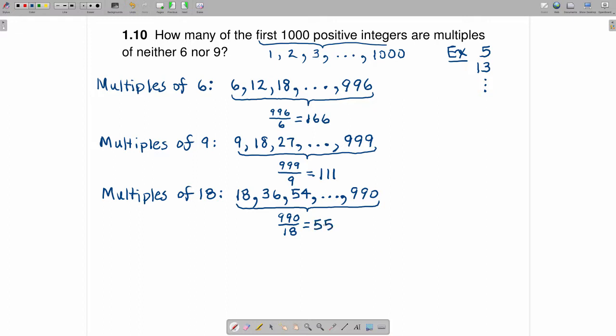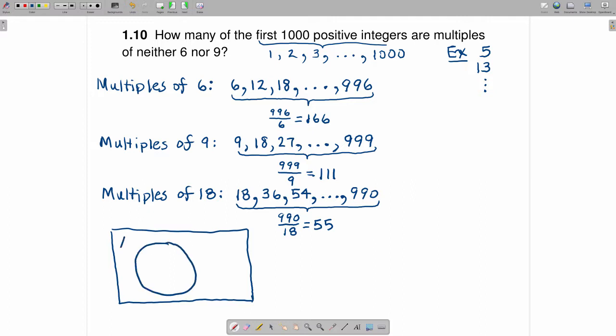Now at this point, it's worth creating a Venn diagram, and I'll draw that Venn diagram down below here. And in that Venn diagram, I'm going to put two sets in here. This is the set A. This will be the set B.